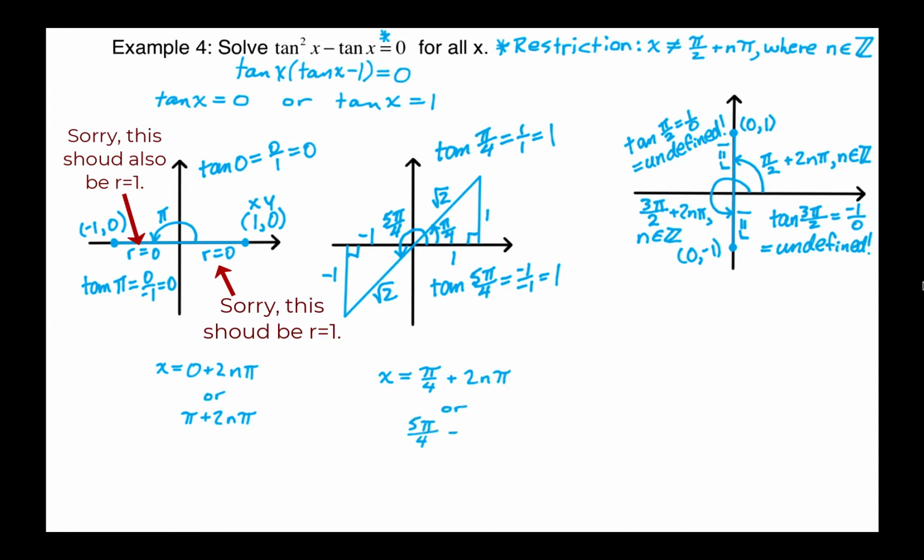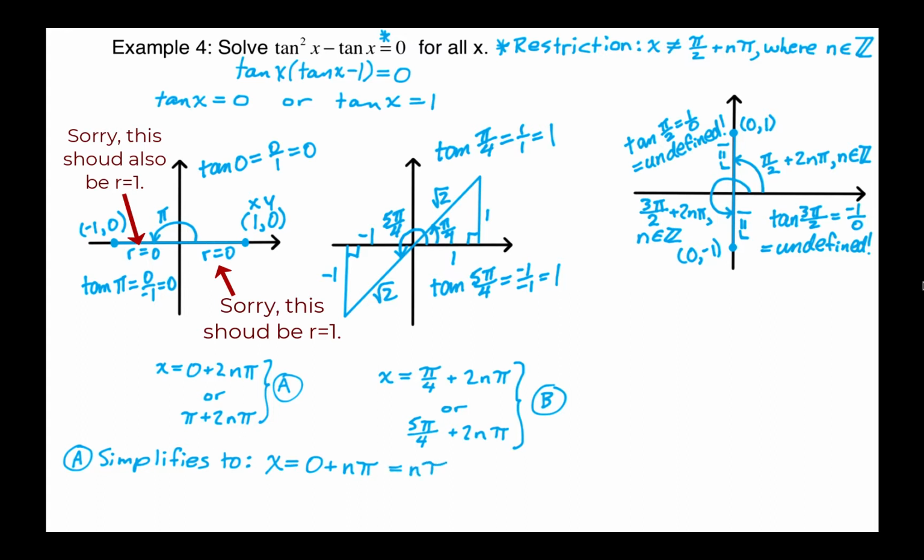So this angle is either pi over 4 or 5 pi over 4 plus multiples of 2 pi, where n is an integer. And now if we take these two situations and we simplify them a little bit, then the first one is 0 plus n pi, which is just n pi, because you'll notice that this one is 0, 2 pi, 4 pi, 6 pi.